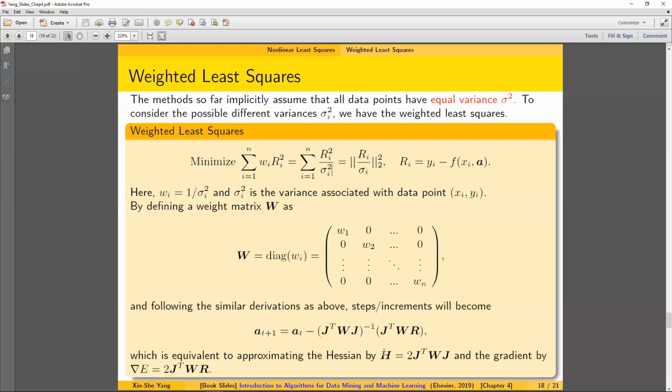The Hessian is 2 times J transpose W times J, and the gradient is given by 2 J transpose W and R. Now, this is the algorithm for weighted least squares that can help you solve the problem where not all the data points have equal variance.